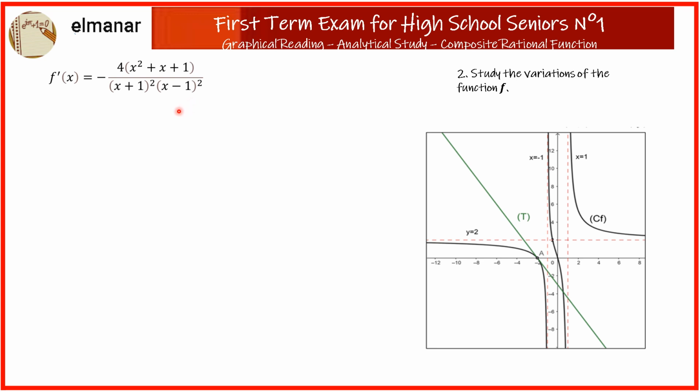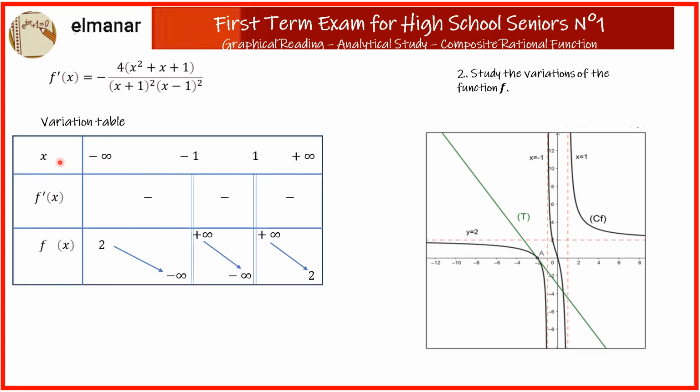Graphical analysis based on the variation table. The presented table is structured in 3 essential rows that help examine the behavior of the function across different intervals. 1. First row, values of x.